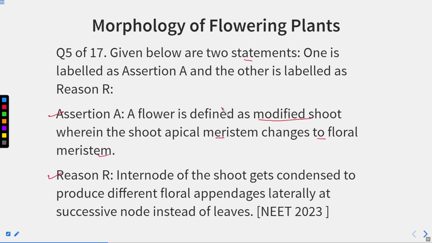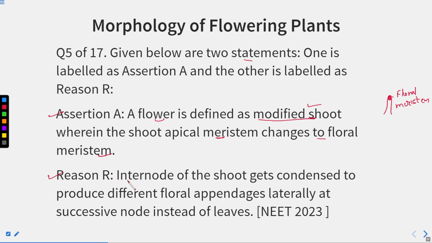We know that a flower is a modified shoot, and the shoot apical meristem changes to floral meristem. This you have to remember, flower is a modified shoot.